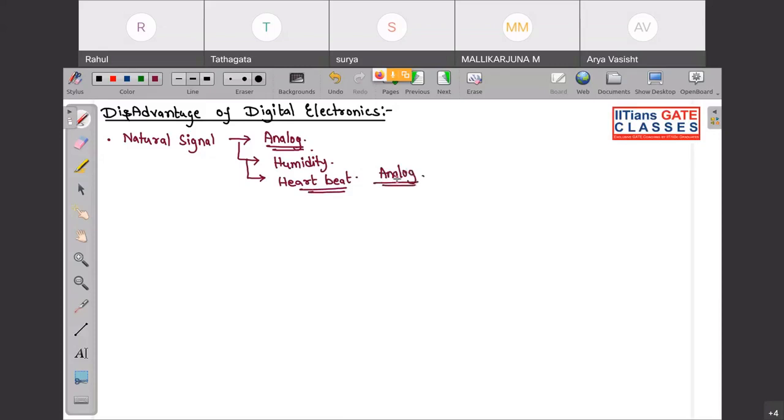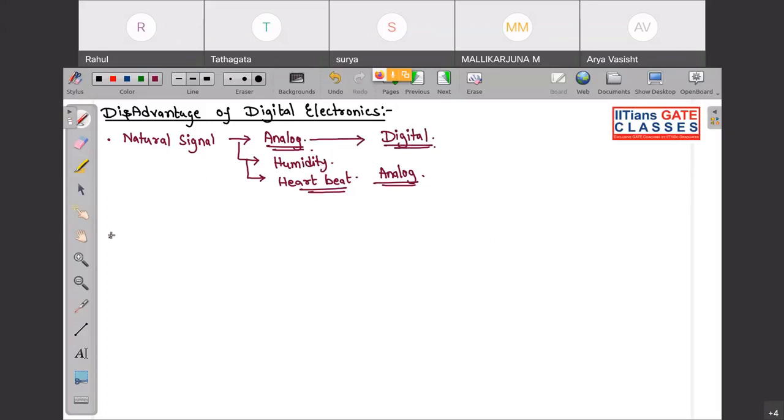So we cannot exactly recreate the exact version of this analog signal in digital. There are some discrepancies or some error in this, and due to this error there are a few kinds of problems that we are going to see.